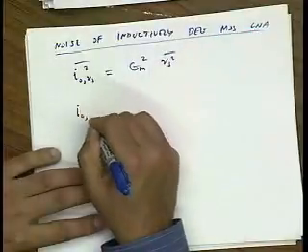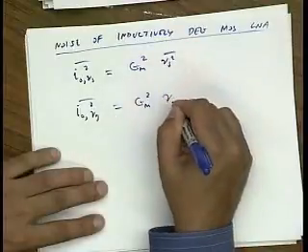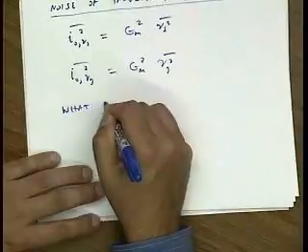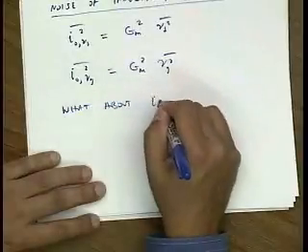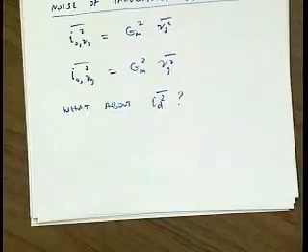And the output noise due to V gate is also the same thing, GM squared times V gate squared. So the question is, what about I drain? Remember before, I drain just simply flowed into the output.